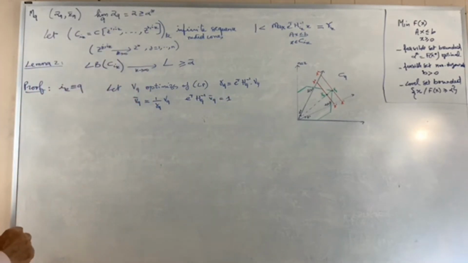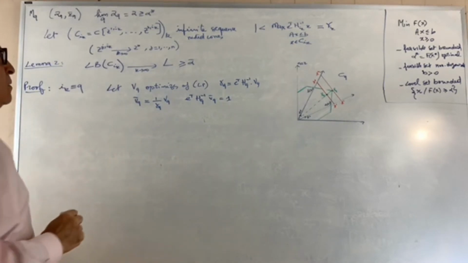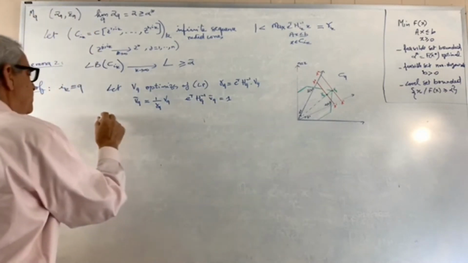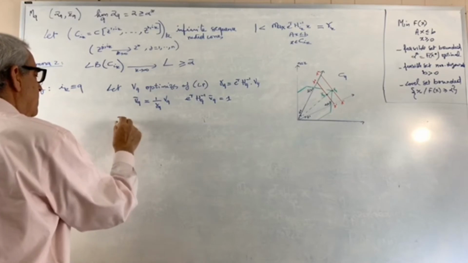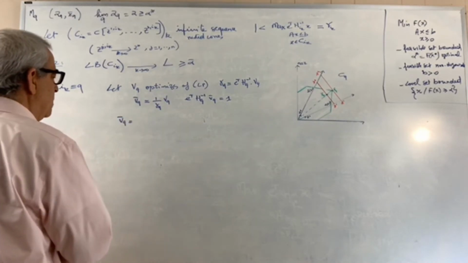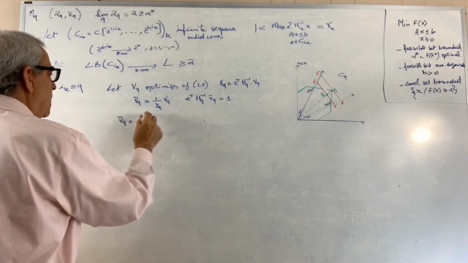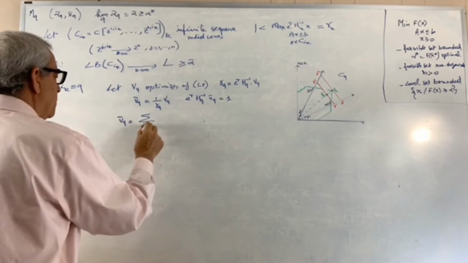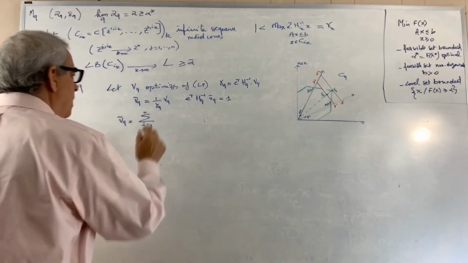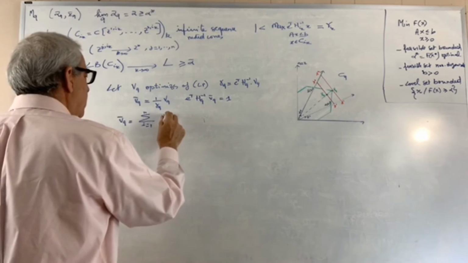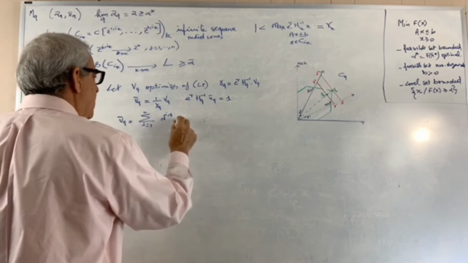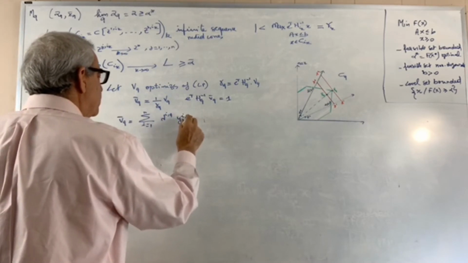Okay. Now, this says that V bar q is equal to the sum of i equal 1 till n of lambda i,q times y_iq.